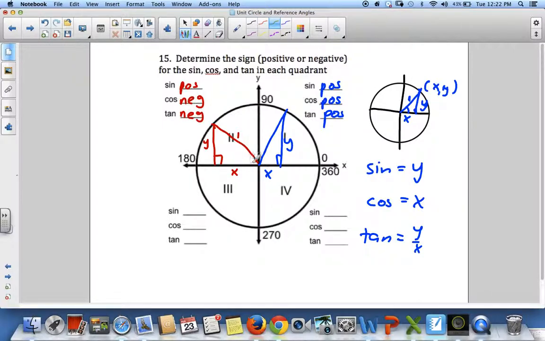Okay, now let's look in this quadrant down here. There's my x and there's my y. The sine is the y value, that's negative because we're going down. The cosine is this value, which is negative also because it's in the negative direction. And the tangent, negative divided by negative, is positive. So that's the answer there.